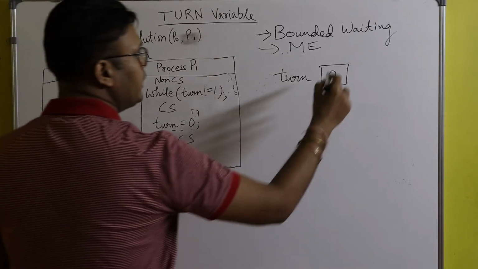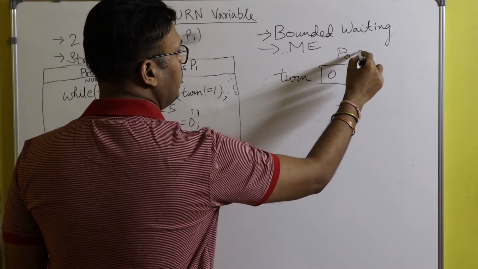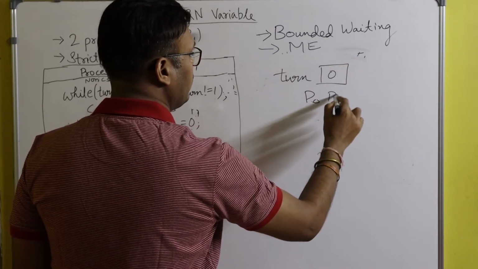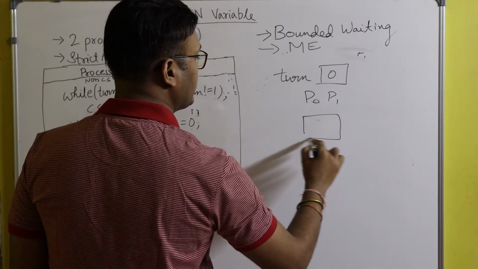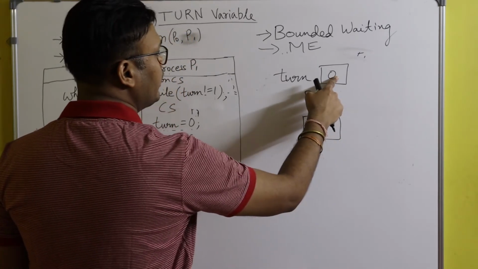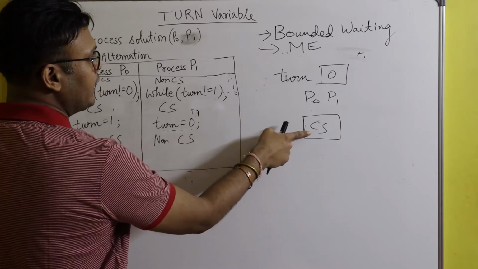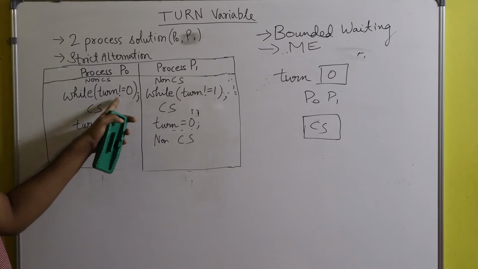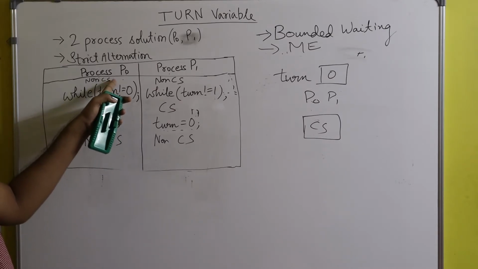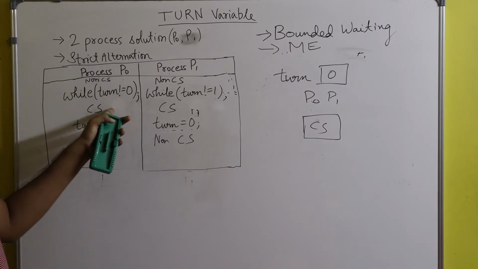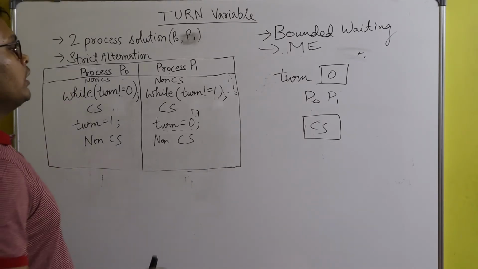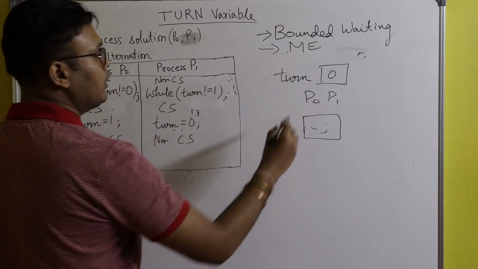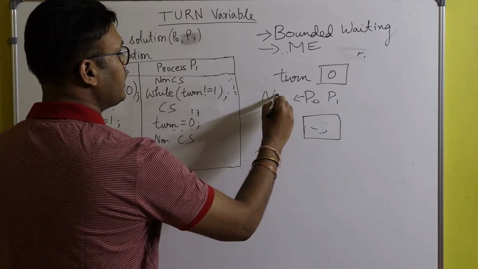If the value of turn is 0, definitely P0 will enter, because the condition in the while loop is turn not equal to 0, 0 not equal to 0. So definitely this while loop will be broken and P0 will enter inside the critical section. But suppose P0 does not want to enter inside the critical section, P0 is not interested.